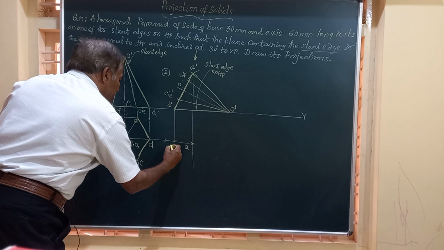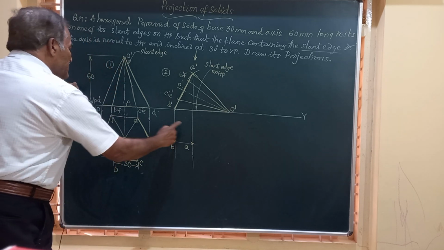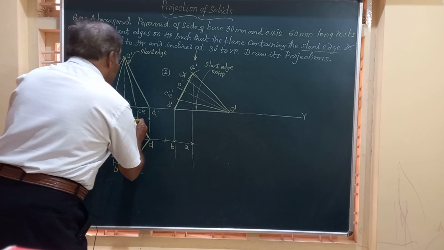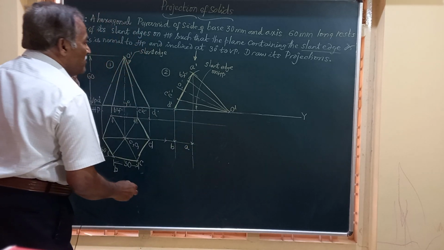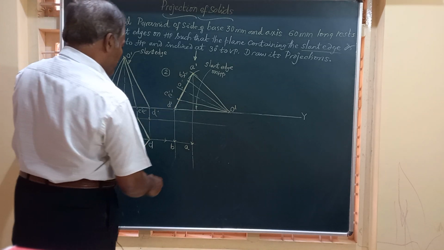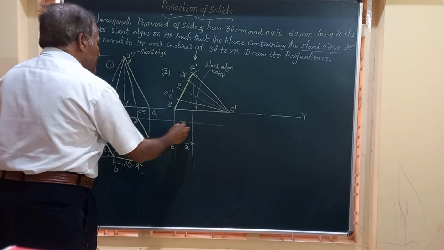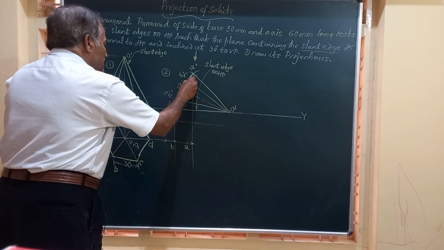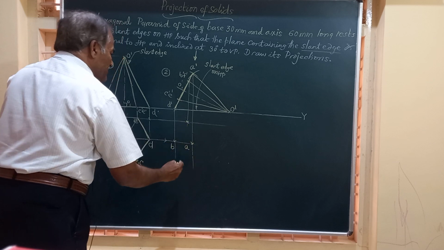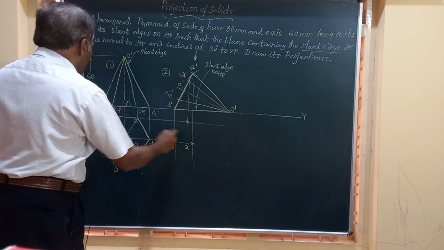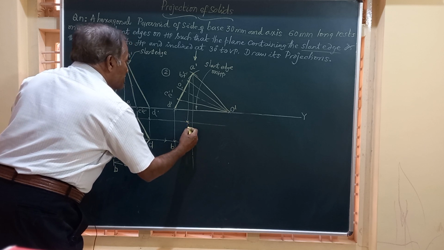So I will call this point D. Similarly, on this friends, we should get F and E. So I will just draw a horizontal line here. Now I should get F and E. So draw a vertical line from F, horizontal line from here. The point where those two intersect is this point F. Vertical from F, horizontal from F. So I will mark it as F.